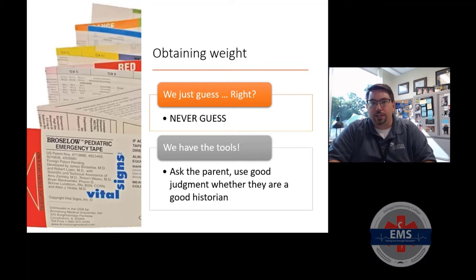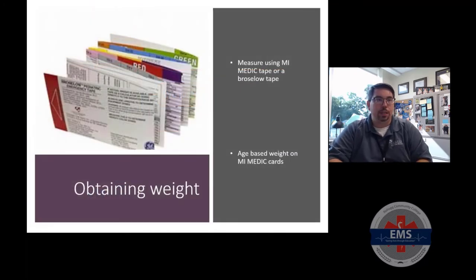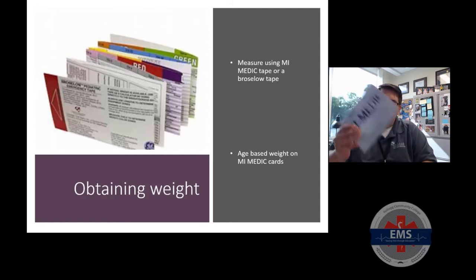Again, they track these things when they go to their doctor's appointments, and it's very common for a parent to have relatively recent data in front of them or that they can pull from memory in regards to the child's weight. It's always important to be accurate when it comes to medication administration in peds. Again, we talked about making sure you use the proper tape, the Broselow tape or the MyMedic tape, or again using the age-based weights on the MyMedic cards.